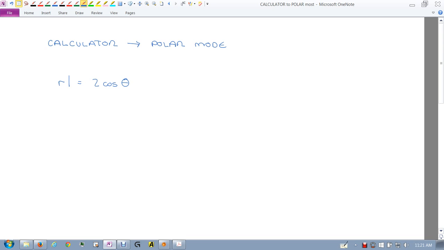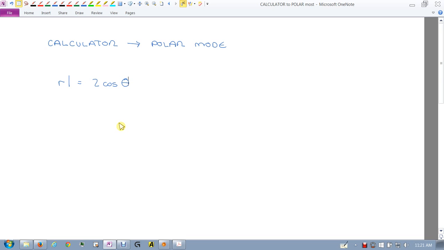Make sure you're in radian mode. Mine didn't draw it because I'm in degree mode, so I'm going to switch to radian. Was it 2 cosine theta? Oh, I never changed it.